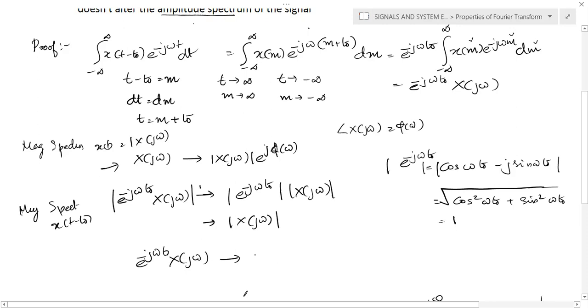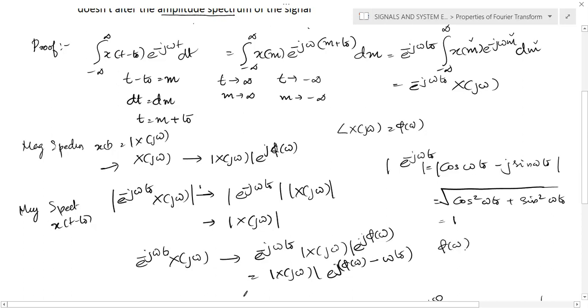If you write in polar form, it's e raised to minus j omega t0 into modulus of X of j omega into e raised to j phi of omega. And you can see that both terms are in terms of e. So modulus of X of j omega into e raised to j phi of omega, if you take j common, it becomes phi of omega minus omega t0. So you can see that the phase is shifted.